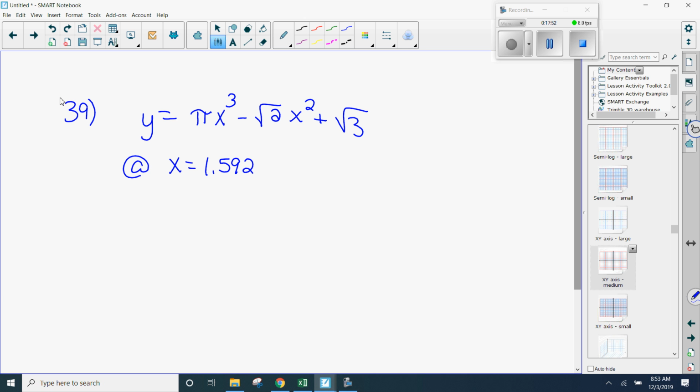All right, so what do I gotta do? Find the slope. dy/dx. What happens when you take the derivative? And just throw in pi's and radicals, but it's still the same thing. So you're going to bring this down and multiply. And you're going to decrease it by 1.